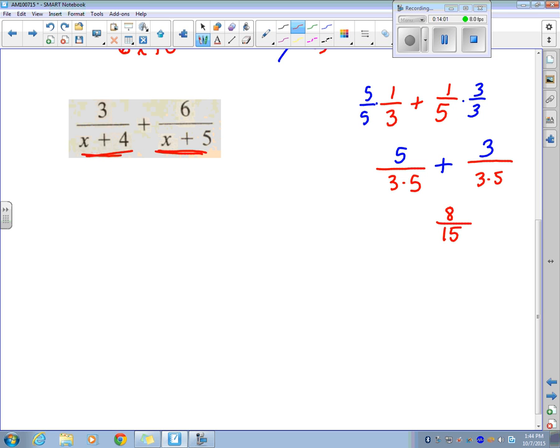You need to factor them first to see if there are any common factors. If there weren't any common factors, the least common multiple was the product. The least common multiple is the denominator. So the LCD for this is the product of these two things. So far, so good?